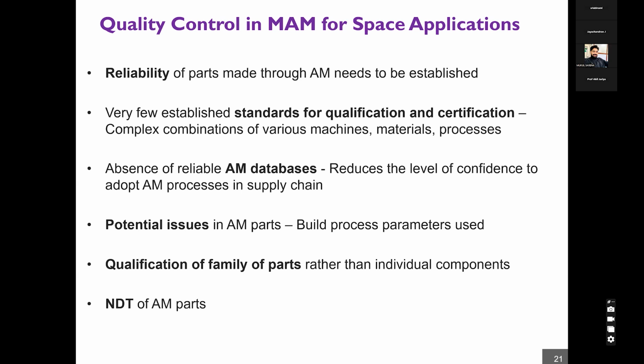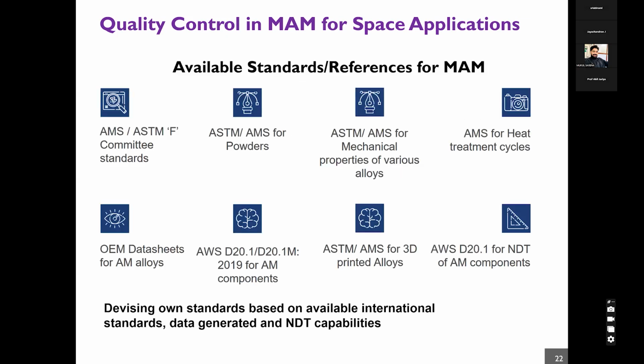And also, we need to look at potential issues in AM parts with respect to the build process parameters used. Since we are making wide varieties of additive manufacturing parts, we need to look at qualification of a family of parts rather than individual components. Non-destructive testing of additive manufactured parts also plays an important role in quality control of components made for space applications.